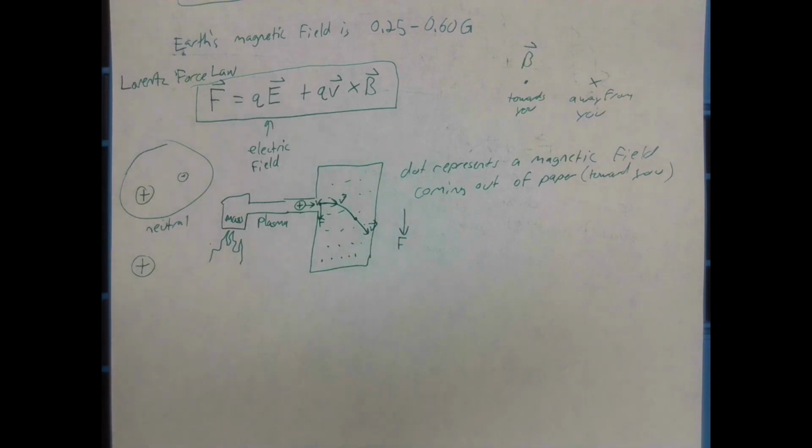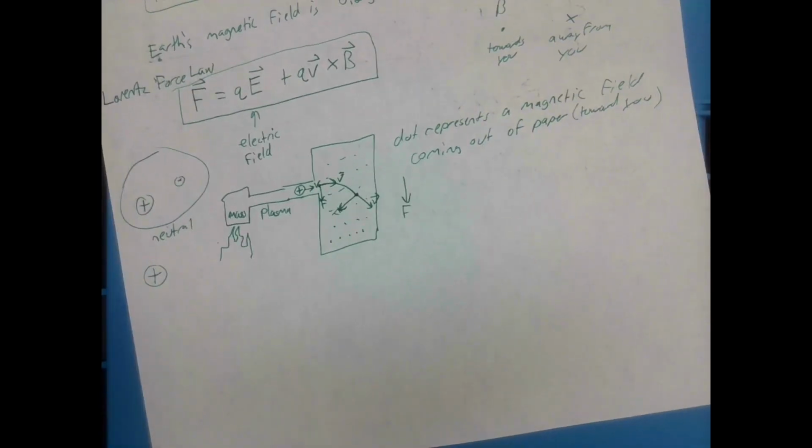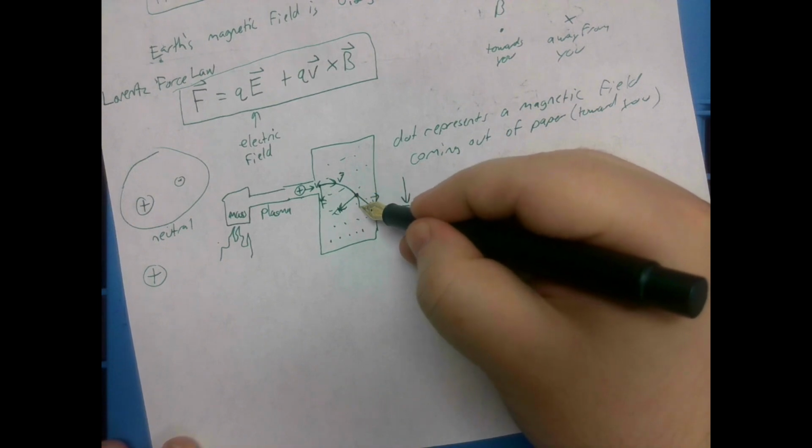You have to rotate your hand. Thumb is now pointing to the right, fingers are pointing up here, and my palm would be pointing downward. So it's starting to turn.